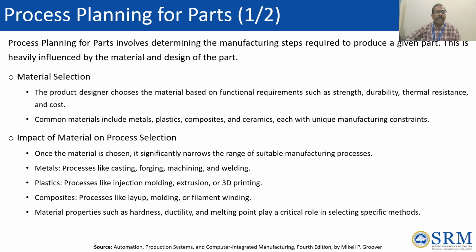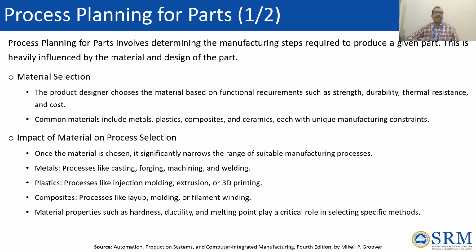The impact of material on process selection. In the last slide we discussed the factors influencing material selection. Again, I'm repeating: once the material is selected by the product designer, it narrows down most of the suitable manufacturing processes. Assume we selected a plastic.